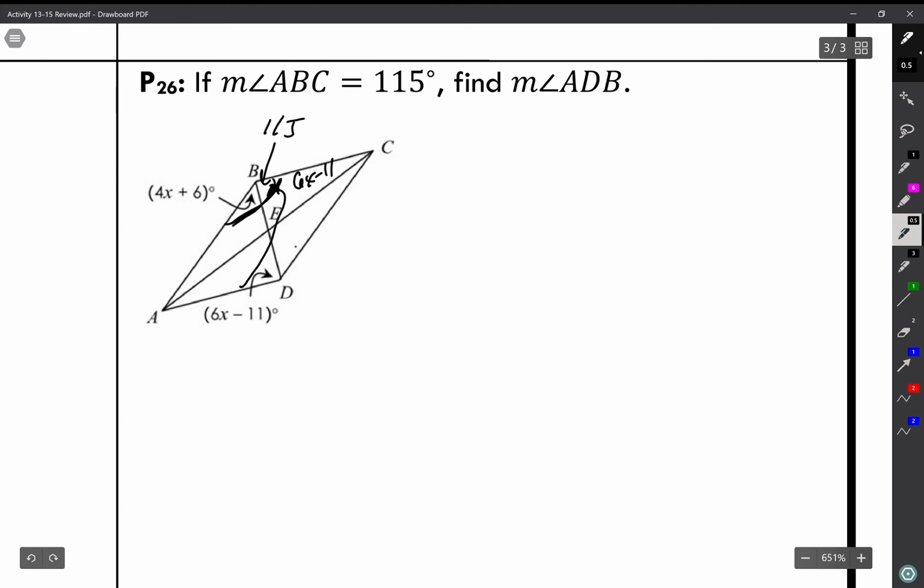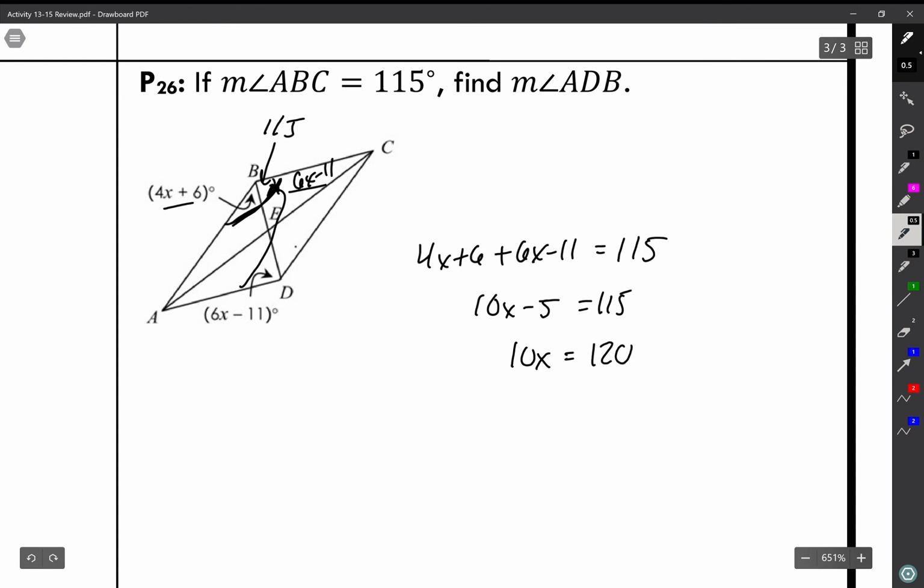The whole thing is 115, so those two add up to 115. 4x plus 6 plus 6x minus 11 equals 115. So 10x, and 6 minus 11 gives me negative 5. 10x is equal to 120, so x is equal to 12.